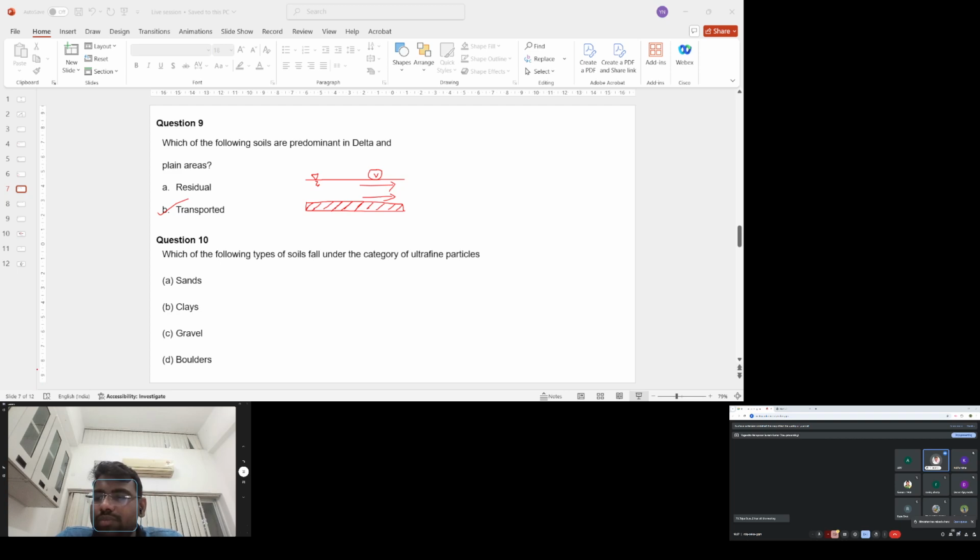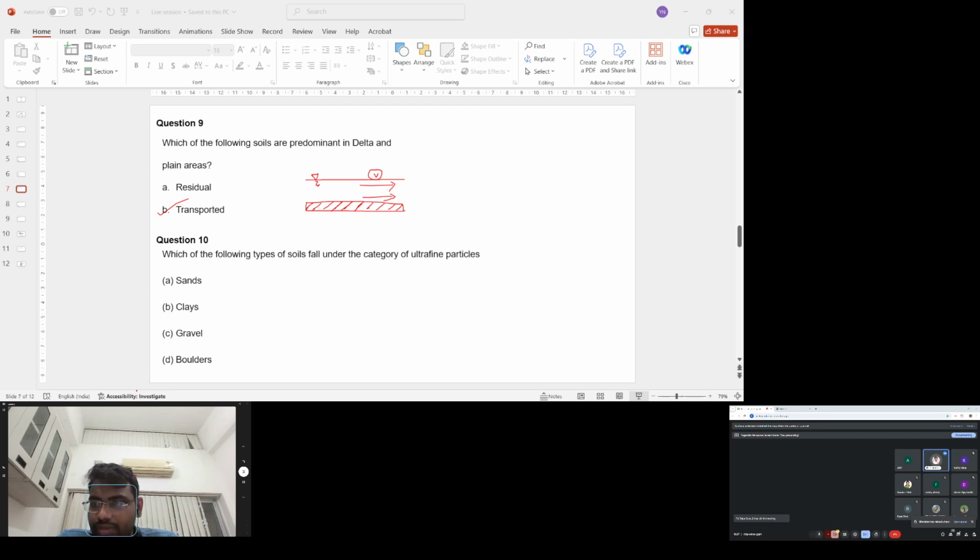So this classification is based on the size of the particle. Boulders are large chunks of rocks, more than 30 centimeters, 80 to 300 mm.